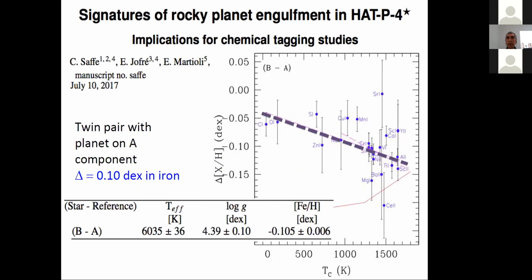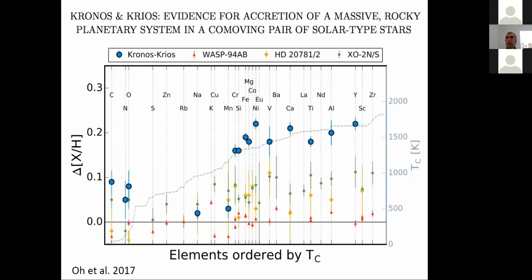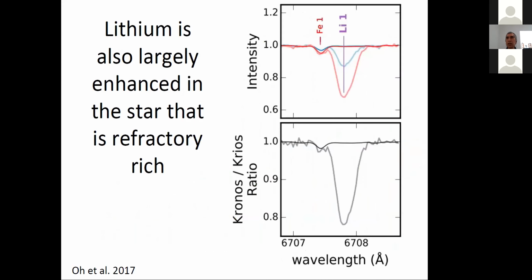And also in HAT-P-4, and also in binaries without detected planets yet, like this system, where you can see that one of the components has a huge amount of refractory elements, with a trend with condensation temperature. And also the star that is enhanced in refractories is also enhanced in lithium.